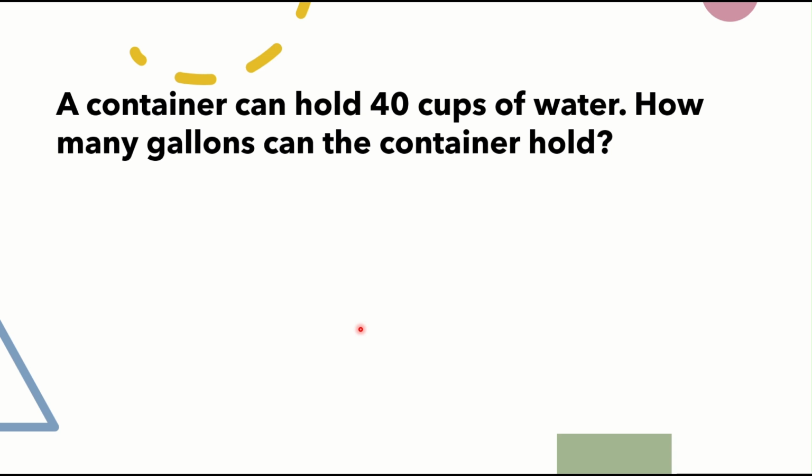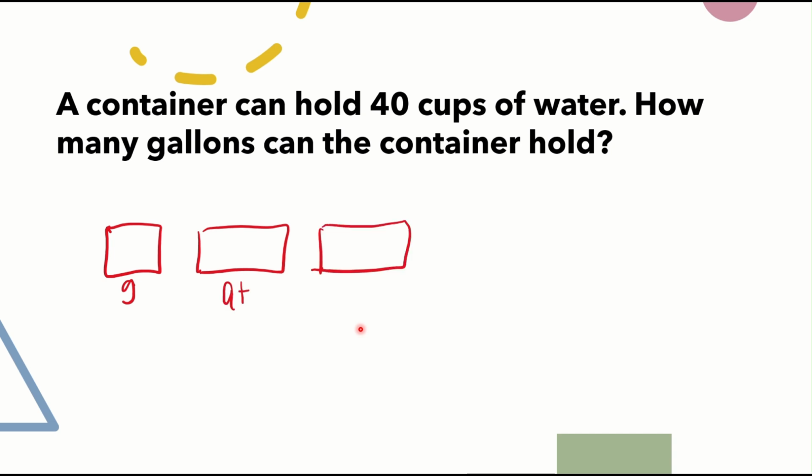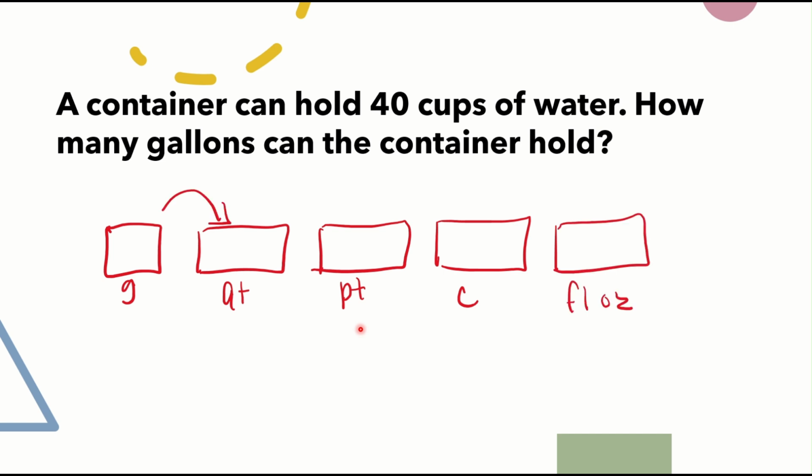Let's look at another word problem. A container holds 40 cups of water. How many gallons can the container hold? So we're simply converting those cups into gallons. We're talking about capacity, so we know we're going to need 5 boxes: gallons, quarts, pints, cups, and fluid ounces.